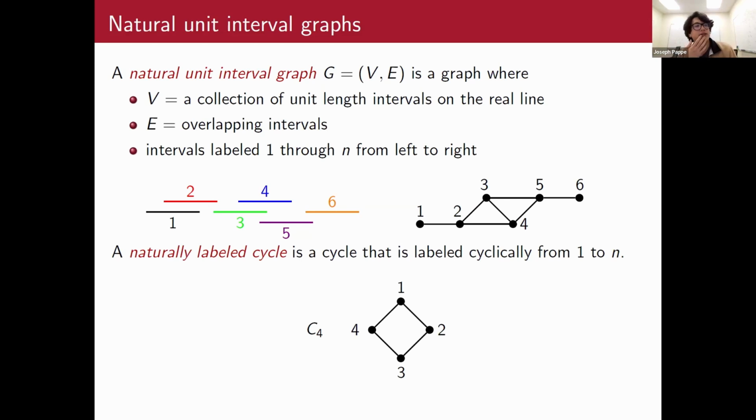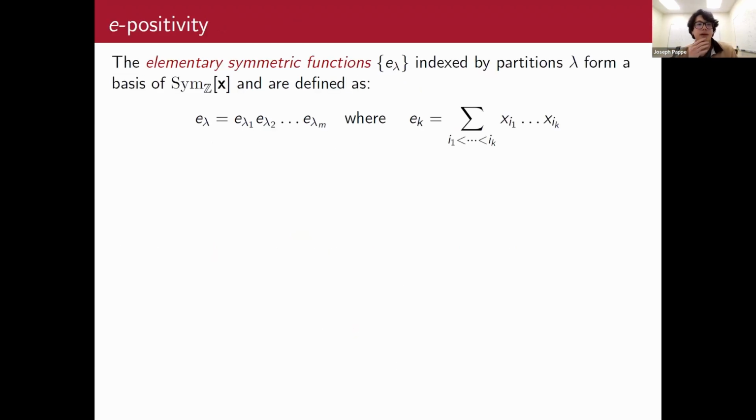Another motivation for studying this question of symmetry was that these two families of graphs interacted nicely with the notion of E-positivity. So let's remember what it means to be E-positive.